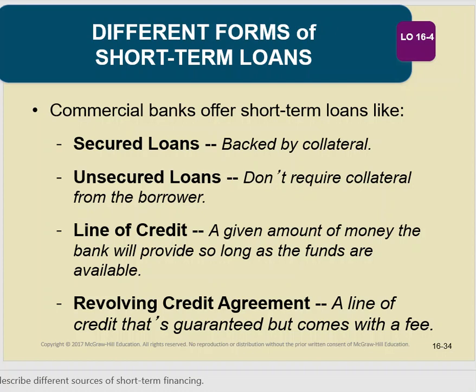Unsecured means the opposite. Oftentimes, organizations or businesses have what's called a line of credit, and that's a given amount of money that the bank will provide you if the funds are available. Whereas a revolving line of credit is a type of line of credit that's guaranteed. It's always available, but because it's always available, it comes with a fee.